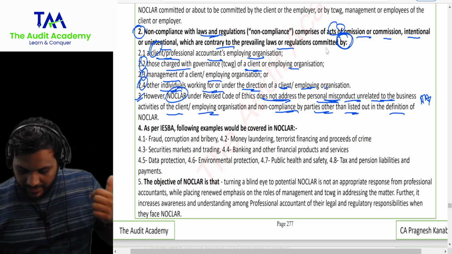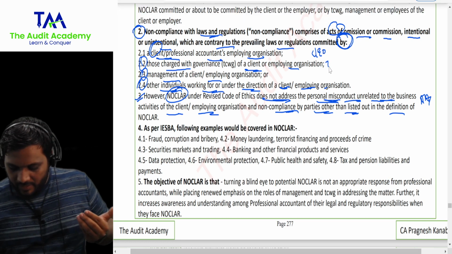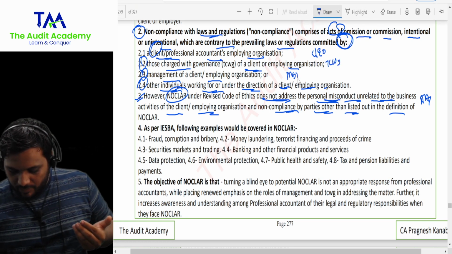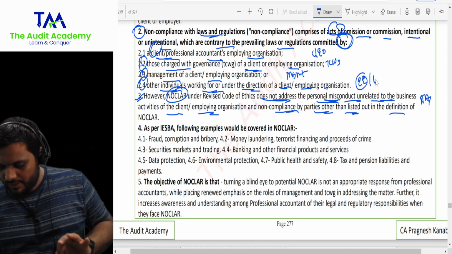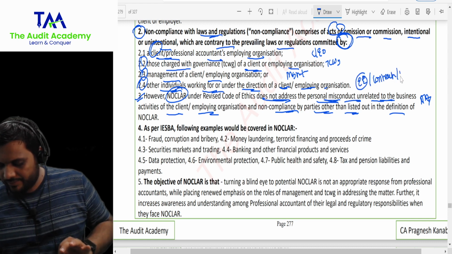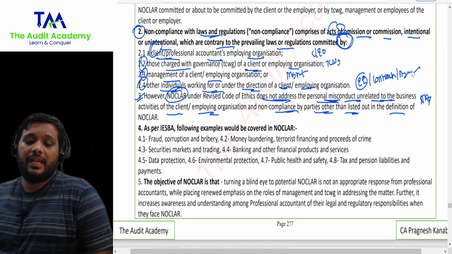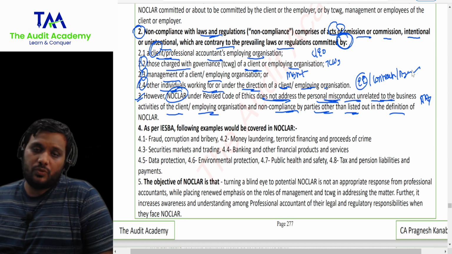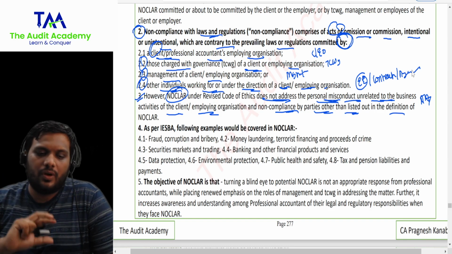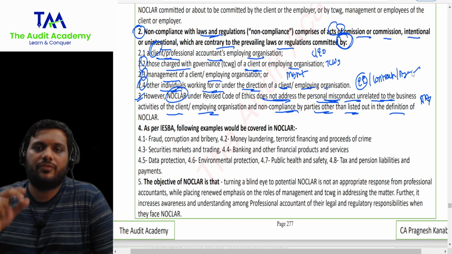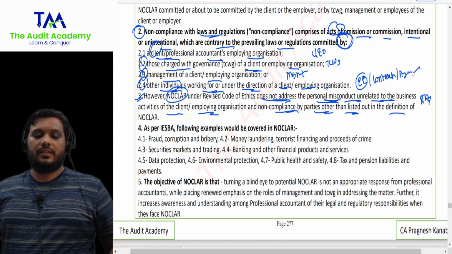By the organization itself, by TCWG, by management, or the employees, or any other individuals, the contractors, the agents who are working under the direction of the client or the employing organization, then you are supposed to consider it, and you are not going to consider their personal misconduct in case of NOCLAR. With respect to the business of the entity, if they have not followed the laws and regulations, you are going to consider that part.